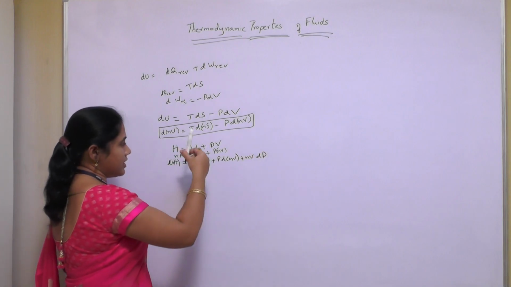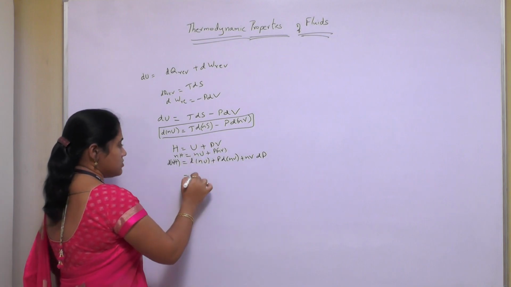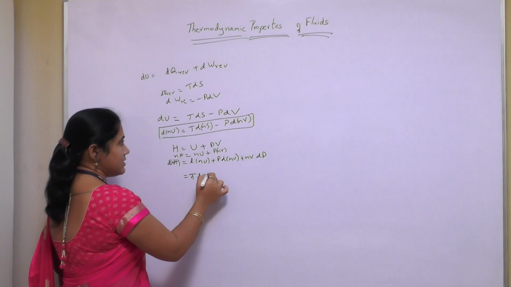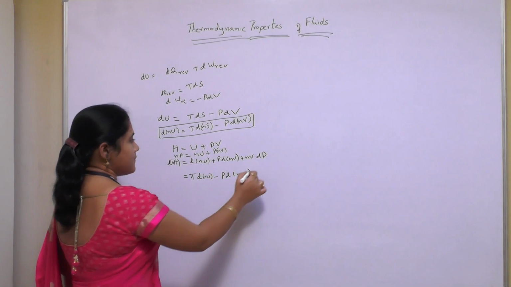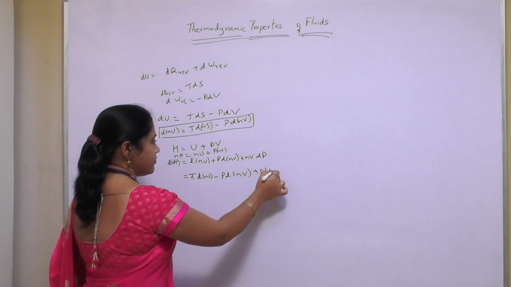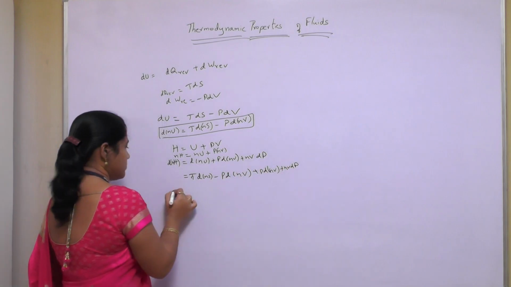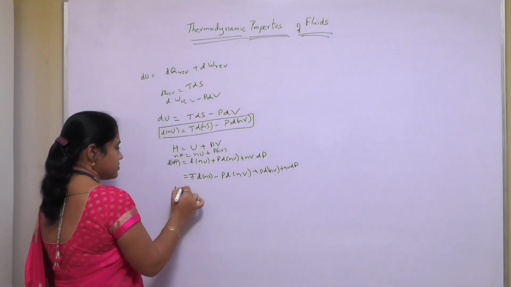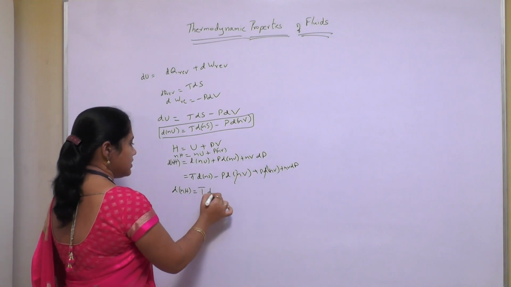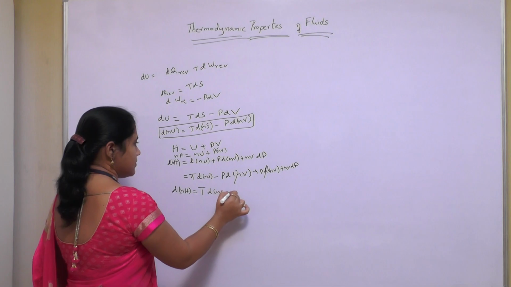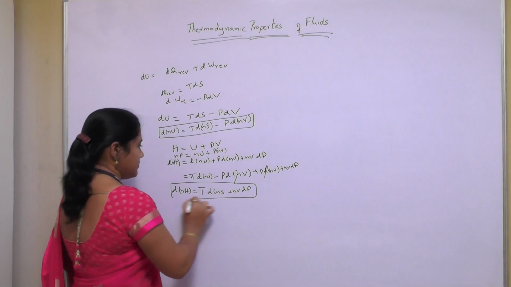From the fundamental property relation, d(nU) is given by T d(nS) minus P d(nV). So d(nH) equals T d(nS) minus P d(nV) plus P d(nV) plus nV dP, so d(nH) equals T d(nS) plus nV dP. So this is the second relation.